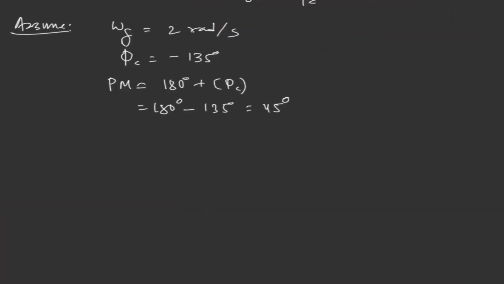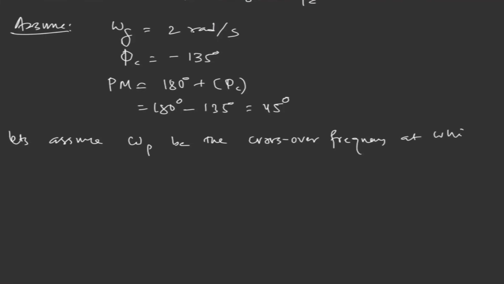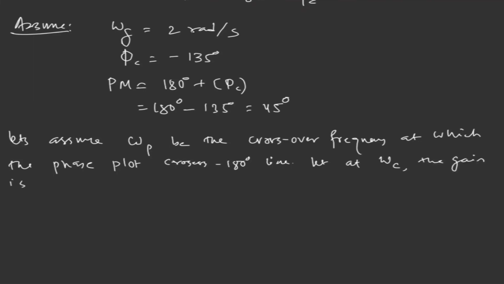Let's assume omega p is the crossover frequency at which the phase plot crosses the minus 180-degree line. Let the gain at omega p be minus M. Here we can write it as omega p instead of omega c.